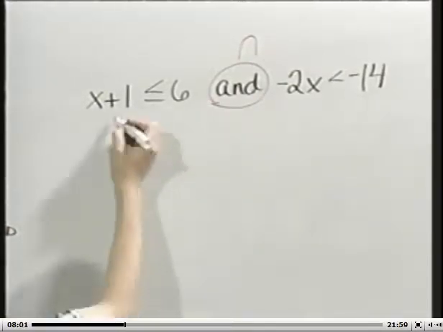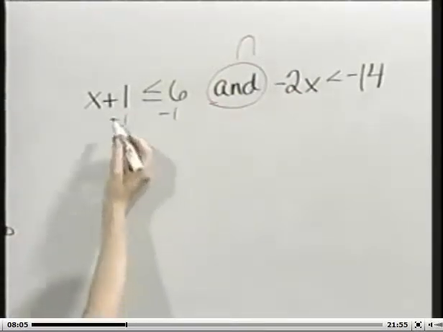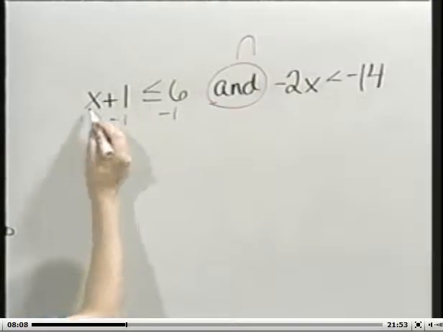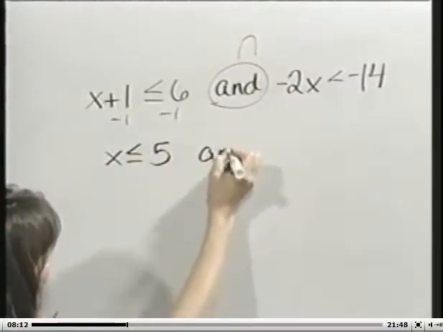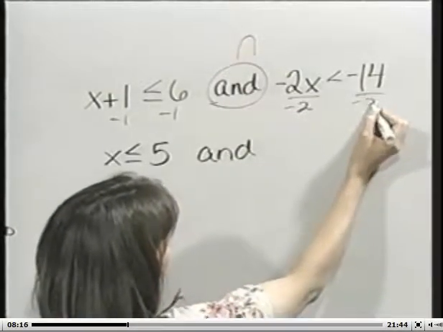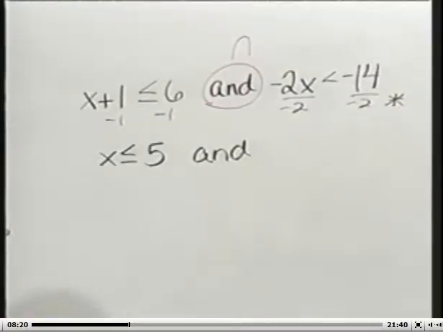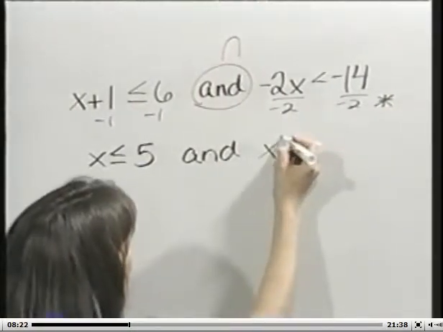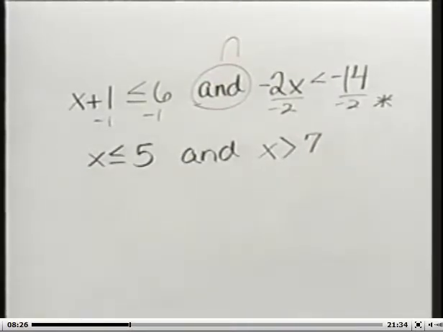So solving this from last time, just like equations, except when you have negatives, change your sign when you're multiplying, but we get x less than or equal to 5, and over here we're going to divide by -2, and remember this is a negative number that we're dividing by, so you're reversing the direction of the sign. We get x is greater than 7. So we've got x less than or equal to 5 and x greater than 7.